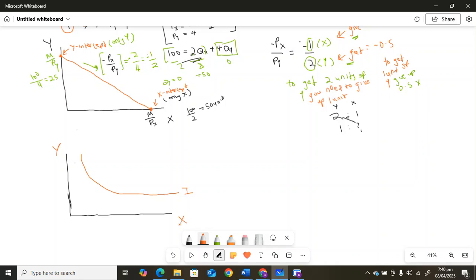So the indifference curve is showing the combinations of good x and good y that we can get while maintaining the same level of satisfaction. If we look at this indifference curve, at point A, let's say good y is 10 and at point B it is 5.